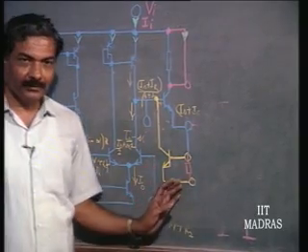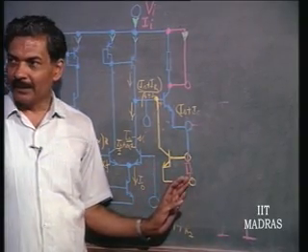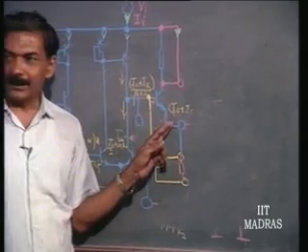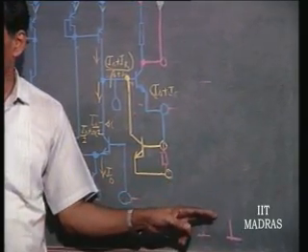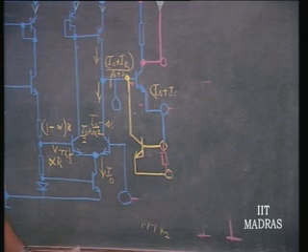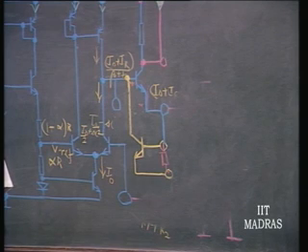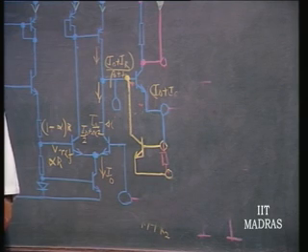I want to protect this transistor, so I will put a series resistance here and then connect the load, but that immediately degenerates the performance of the voltage regulator, because the series output resistance is increased. So, you cannot put a series resistance in order to protect the transistor.